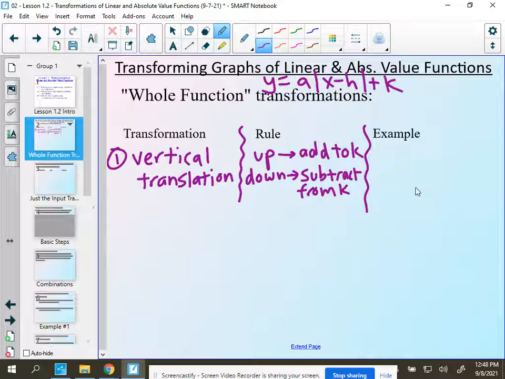So space-wise here, can we do just a little mini example? Like I said, we'll try to do a linear and an absolute value example. Let's say I have a simple function, y equals 2x plus 3. And I'm directed to take that linear function and translate it down 5 units.